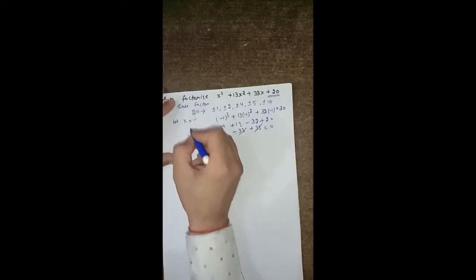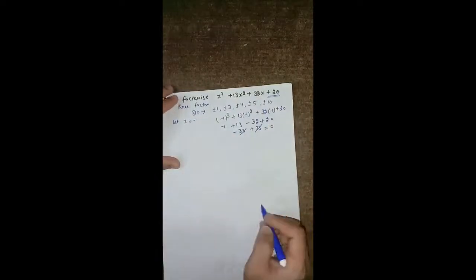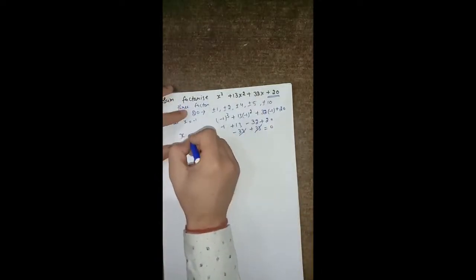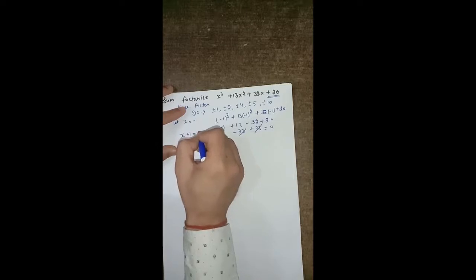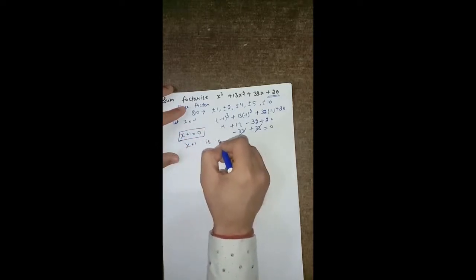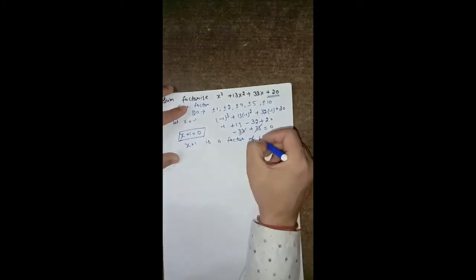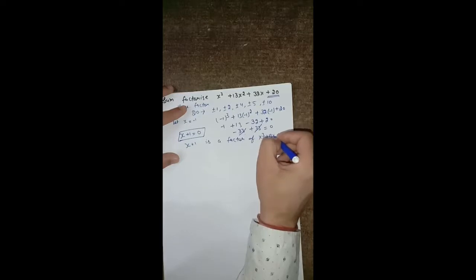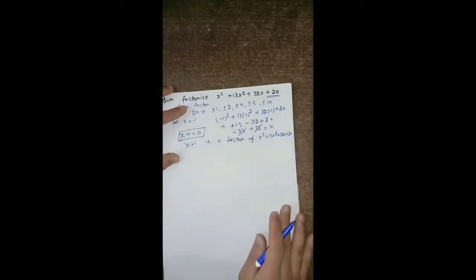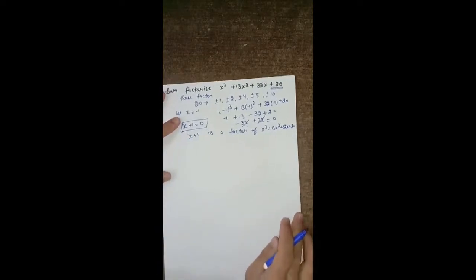So x equals minus 1 is the value. So x plus 1 equals 0, means x plus 1 is a factor of x cube plus 13x square plus 32x plus 20. Now we are left with only two factors. We have found the first factor.